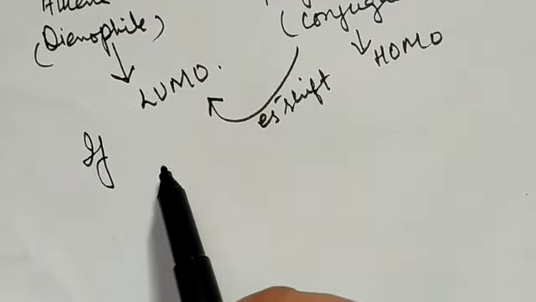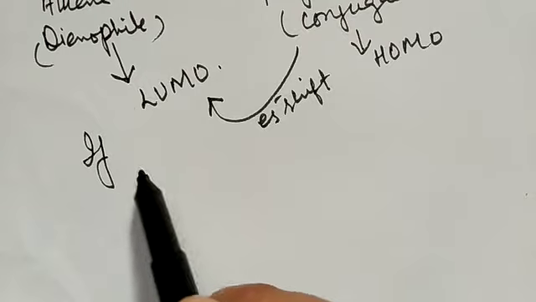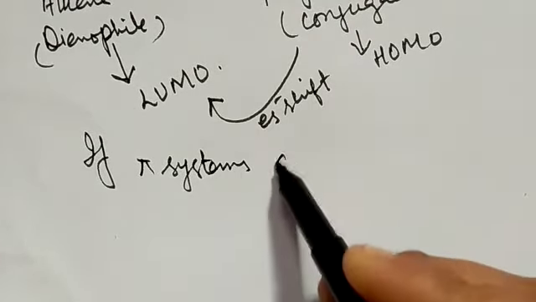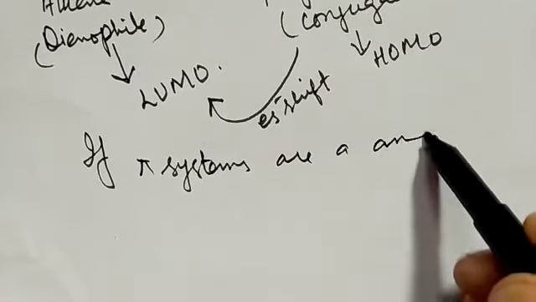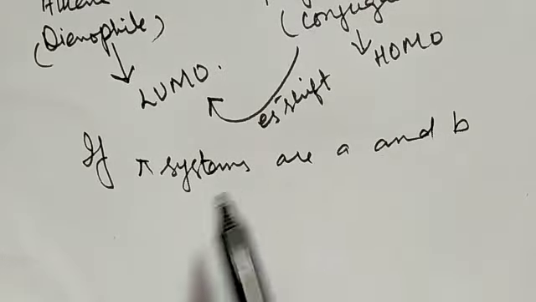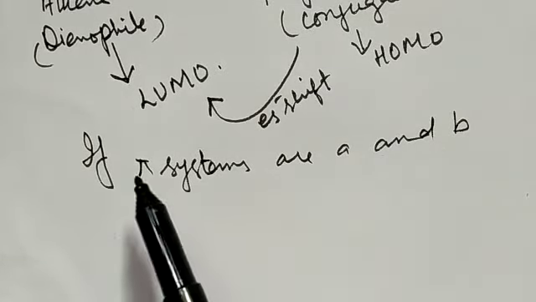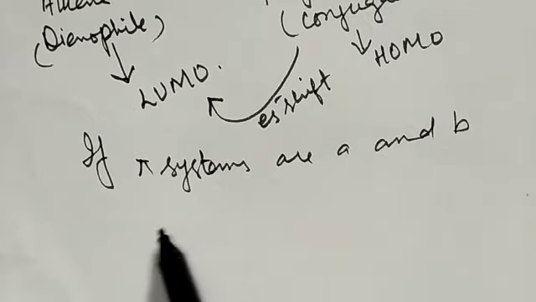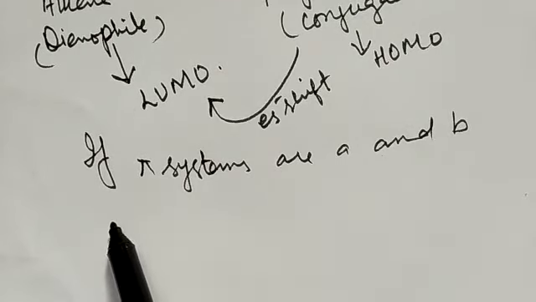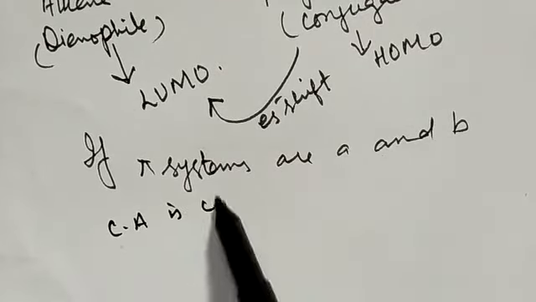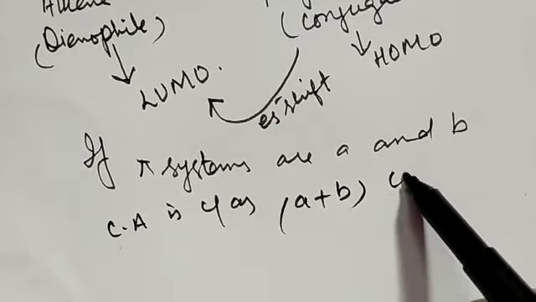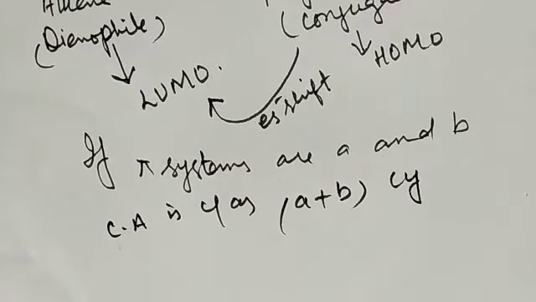If two pi systems are A and B, meaning if there is a reaction between A and B, then the cycloaddition is called an A plus B cycloaddition reaction, right?